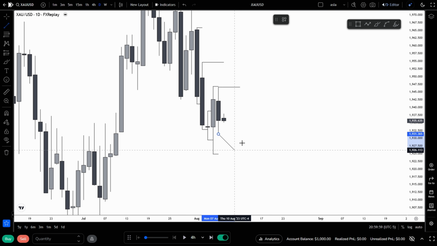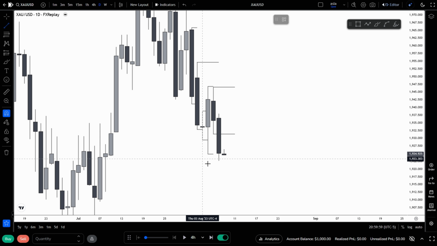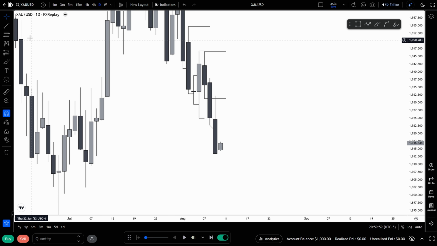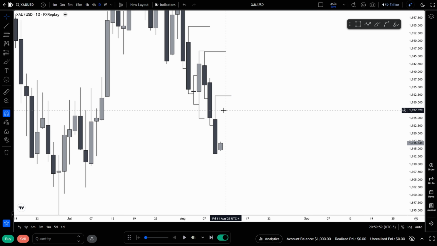There, previous day low gets taken. Then again, and again. So you can clearly see that previous day highs and lows can be used as a very simple draw on liquidity, or they can be used to frame a reversal. It's basic, but when you truly understand how price seeks liquidity, it becomes extremely powerful.